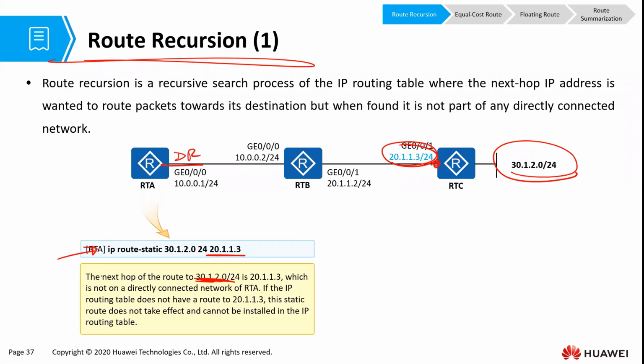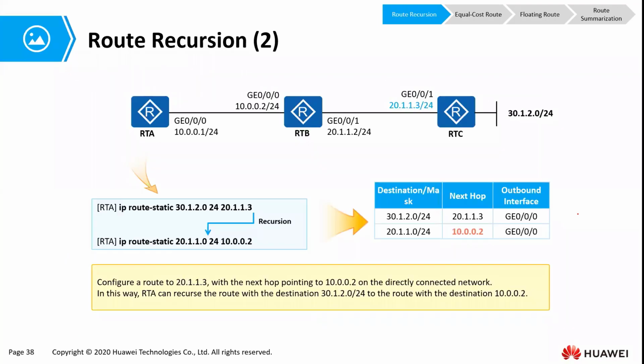It has to search the routing table again to see the path to the next hop. Do you understand? Yes, this is what it does. So to reach that network, go to that next hop. Then it does recursion. Checks the routing table again. Oh, now to reach the next hop, go to that interface. Then it sends to that interface, and that one sends to the next hop. I hope that makes sense.